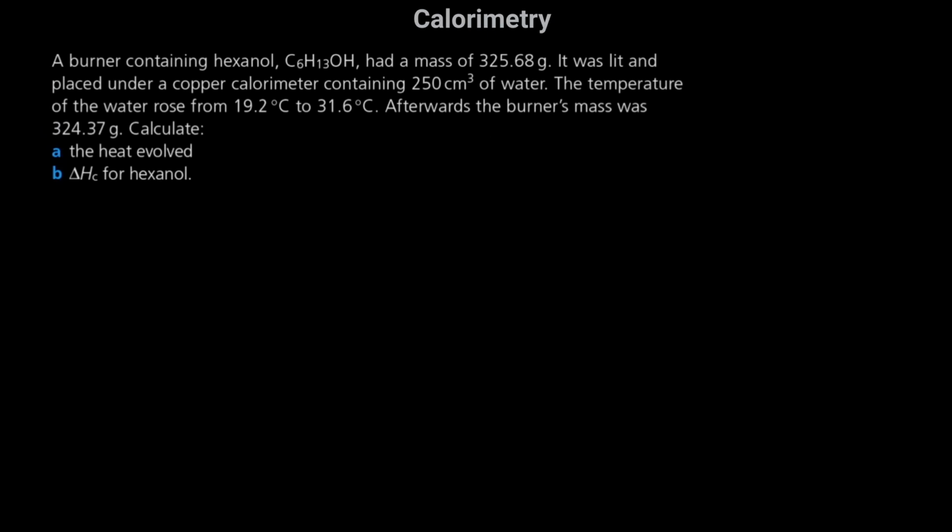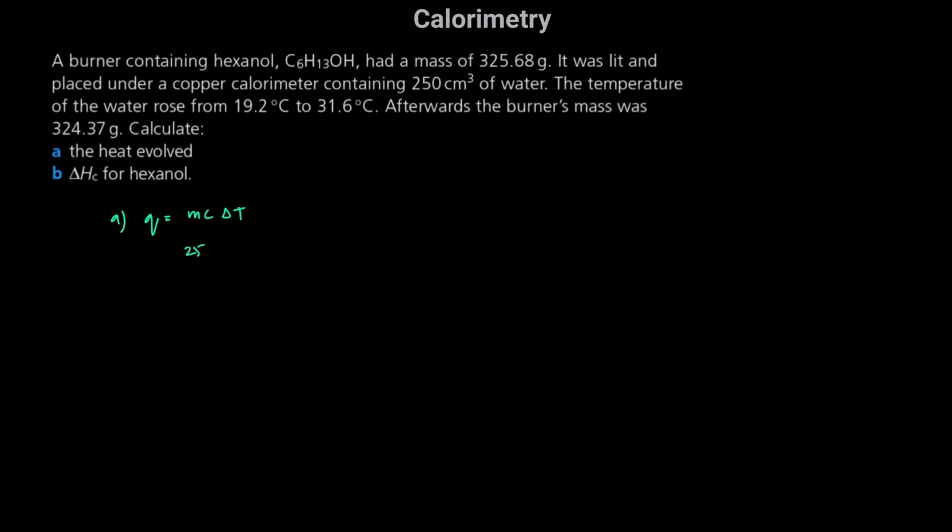So over here, we're first going to calculate the heat evolved. The heat evolved can be calculated using the expression Q is equal to mc delta T. The heat evolved Q will be calculated in joules. Now m again is the mass of water, because it's water that we're heating. We have 250 centimeter cube of water, which is 250 grams. The volume in centimeter cube is the mass in grams for water.